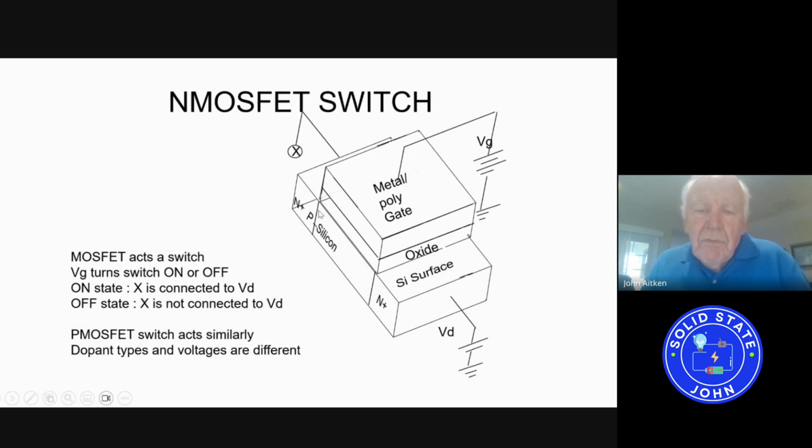The type of silicon used to fabricate the switch would be different. The signs of the voltages that are applied to the switch would be different, but the net effect electrically is to connect power supply voltages to some given point on the circuit.